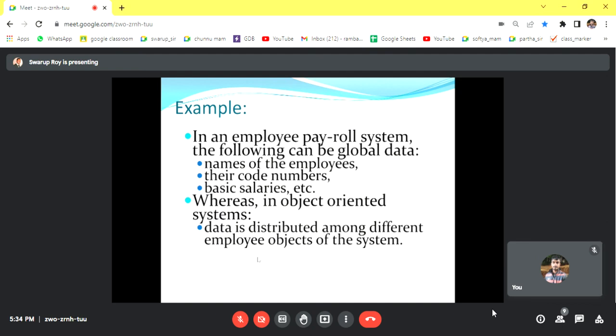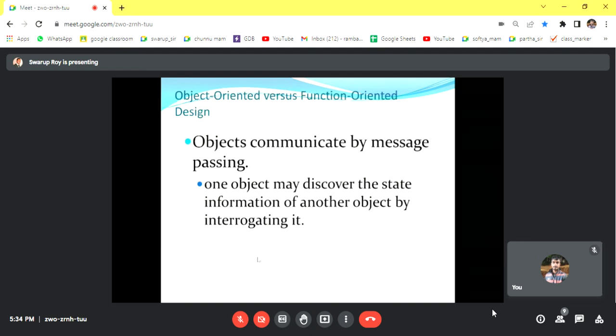Since objects communicate through message passing, one object may discover the state information of another object by asking questions: can you give me the details? If there is any function in one employee object, then only you can get that and pass it to the other object.